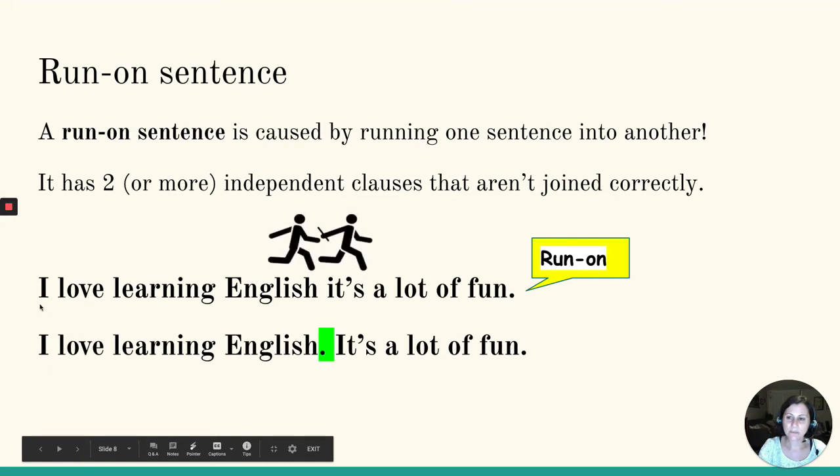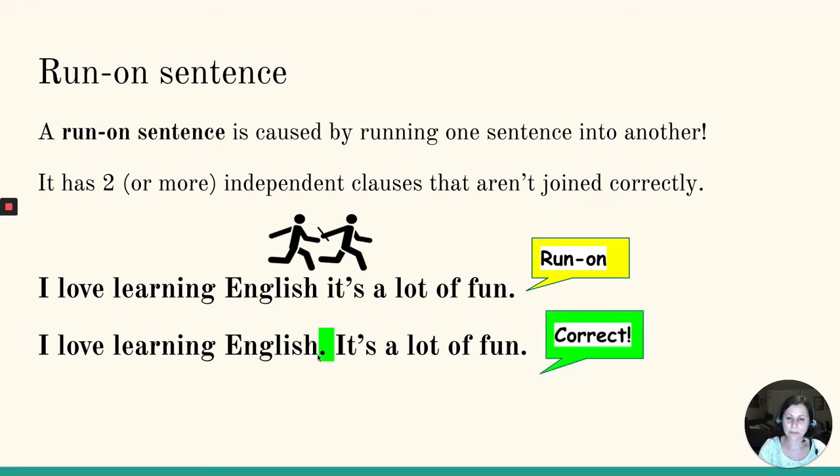Basically, I have one sentence and it's running into the other sentence with no punctuation here. They're not joined correctly. But the second one is correct because this is one sentence and this is another sentence. So you could put a period in between the 2 sentences. But you cannot just go on with 2 sentences with nothing here.